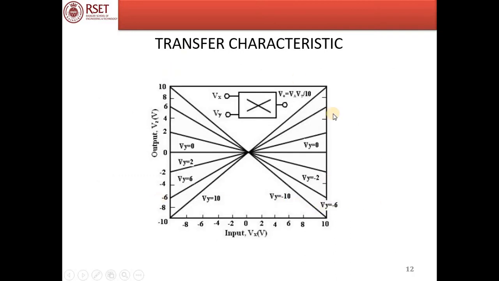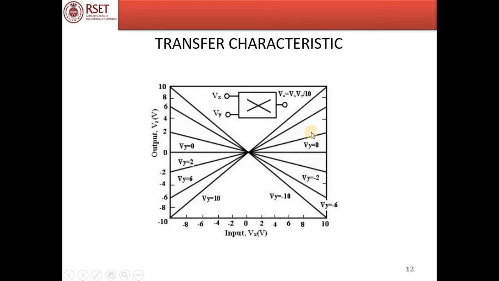So this is the transfer characteristic of a 4-quadrant multiplier. The output is plotted along the y-axis and input is plotted along the x-axis. We can see that the input is plotted for both positive and negative values of Vx as well as positive and negative values of Vy. All these are negative values of Vy. This is Vy is 0 and these are positive values.